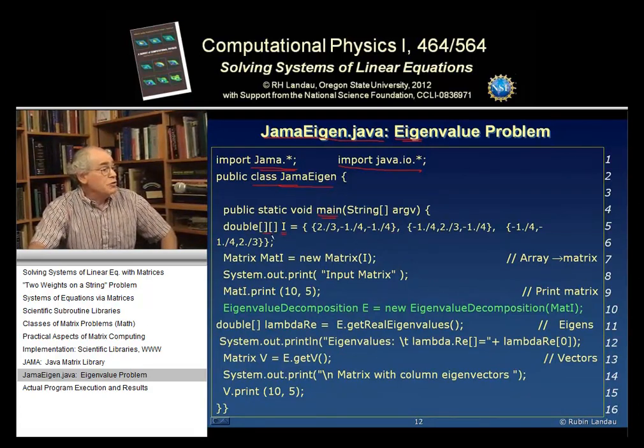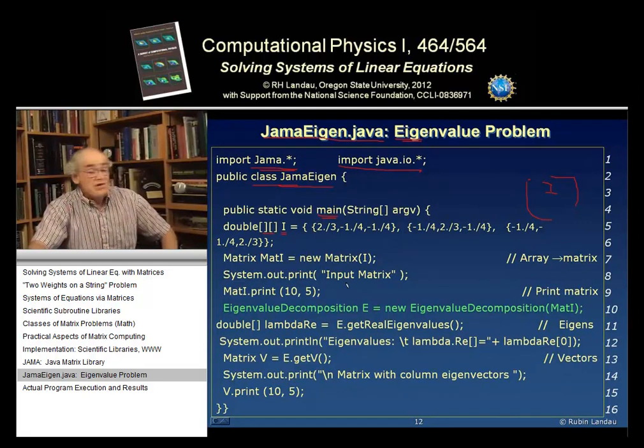We're saying it's a two-dimensional array, row 1, row 2, row 3. So it's a square array. Okay, so that's I, which is defined here. And now we're saying the matrix version of I is just a new matrix object, taking the array. So we've converted an array to a matrix.